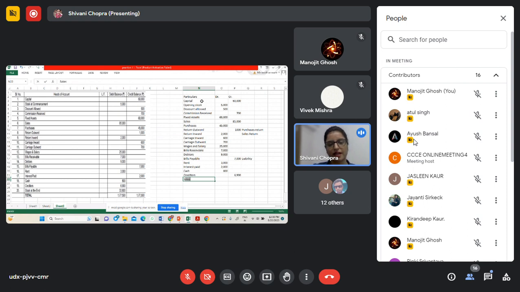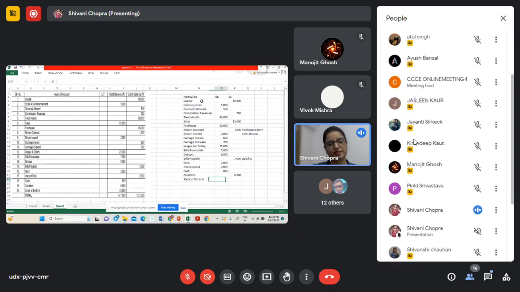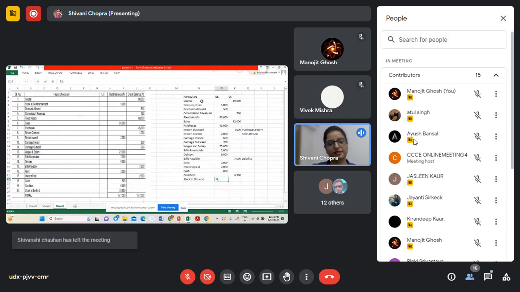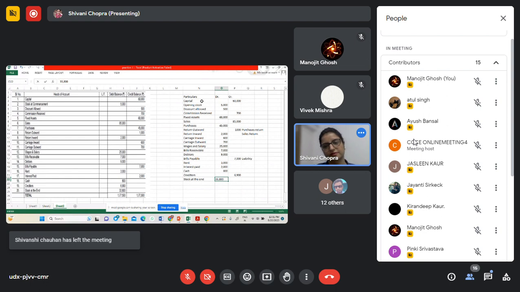Now stock at the end. Let's see here. What is your opinion on this? Stock in the end is greater than this. What does this mean? Will we have a total equal to? We can see that, but you need to tell me.